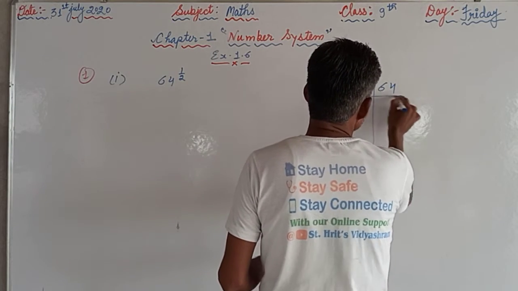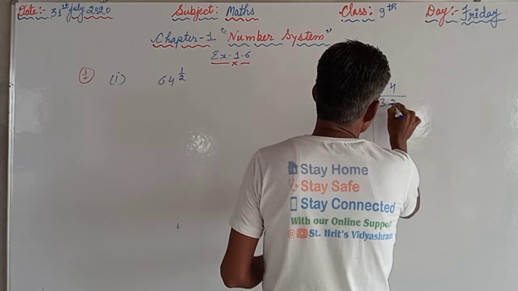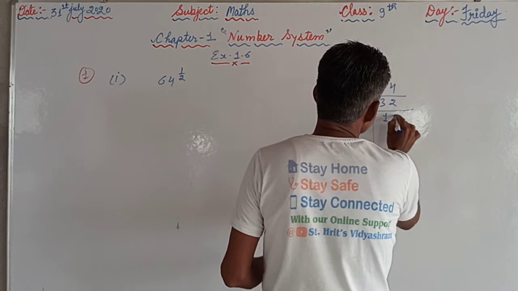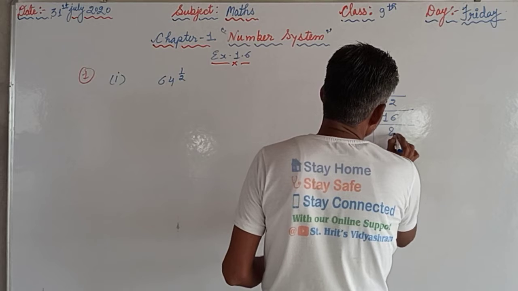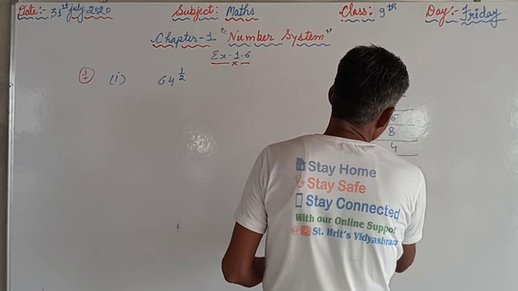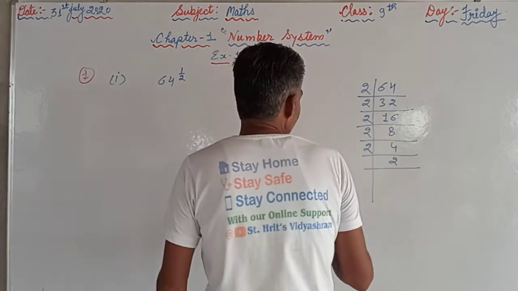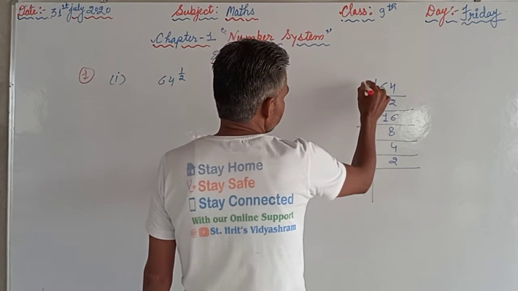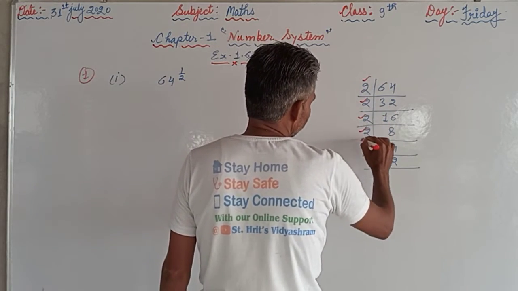So we can do like this: 2 32, 2 16, 2 8, 2 4, 2 2, like this. So how many times 2 is being repeated here? 1 2 3 4 5 6.